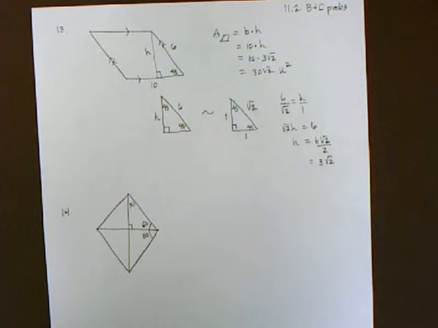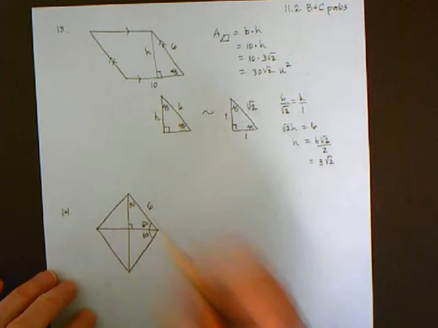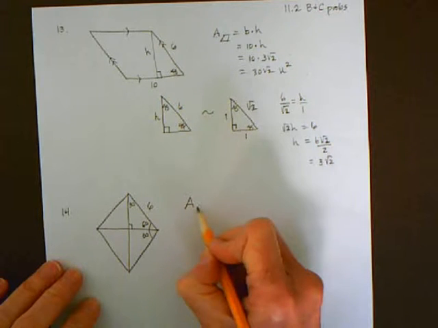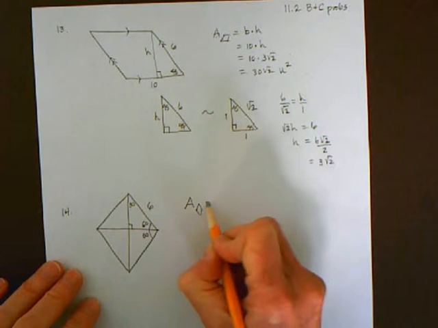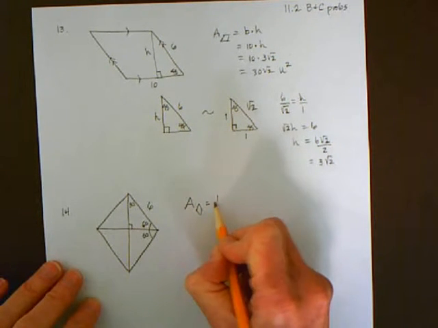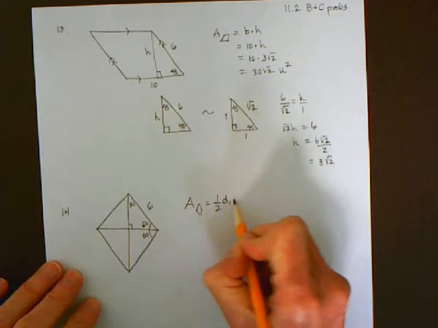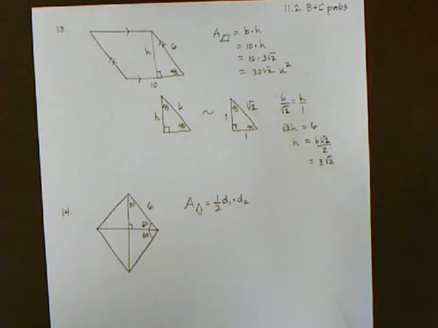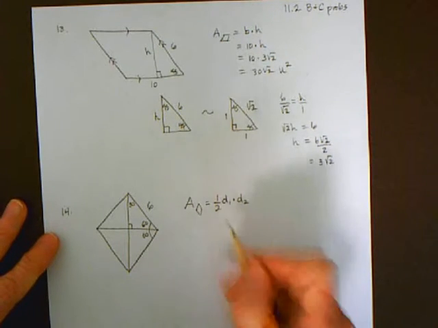We are also told that the rhombus has a side of 6. Okay, now I know that the area of a rhombus is 1/2 diagonal 1 times diagonal 2. The problem is that I don't know the lengths of the diagonals.